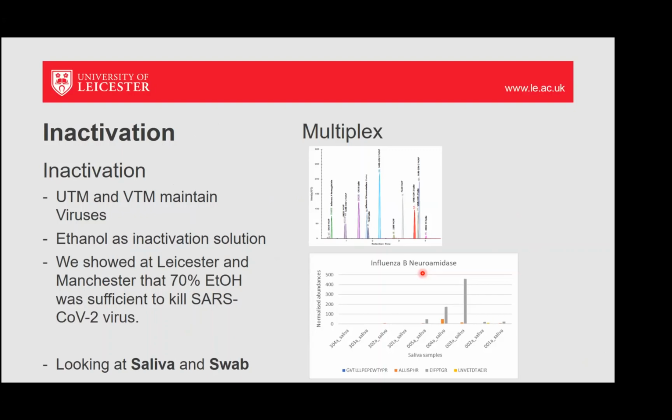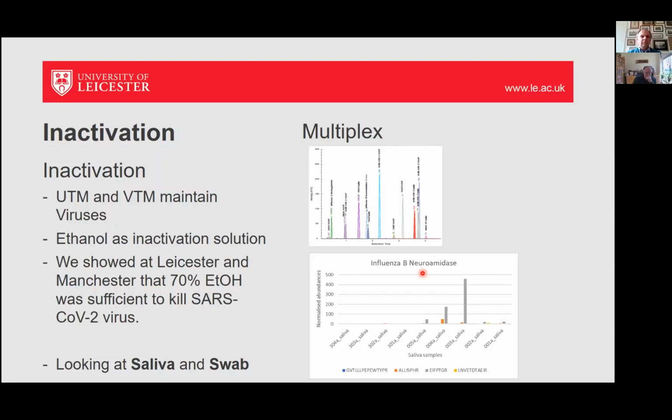We showed at Leicester and Manchester that 70% ethanol was sufficient to kill the virus in a reasonably small amount of time, and we're going to use this for both saliva and swabs. So we've now got away from UTM and VTM, which has another issue, of course, that it has lots of other proteins and salts, etc.